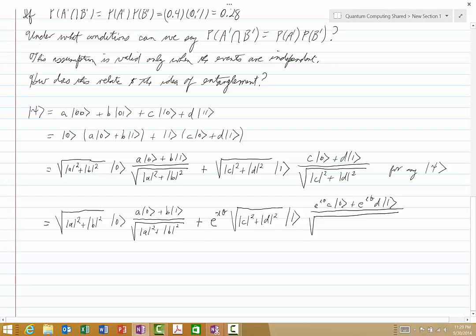So we just get magnitude of c squared plus magnitude of d squared.